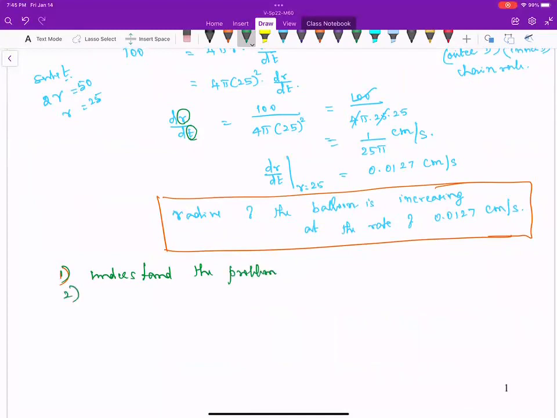And then underline the key information given in the problem. What is given? What is asked? If a diagram helps, use the diagram.